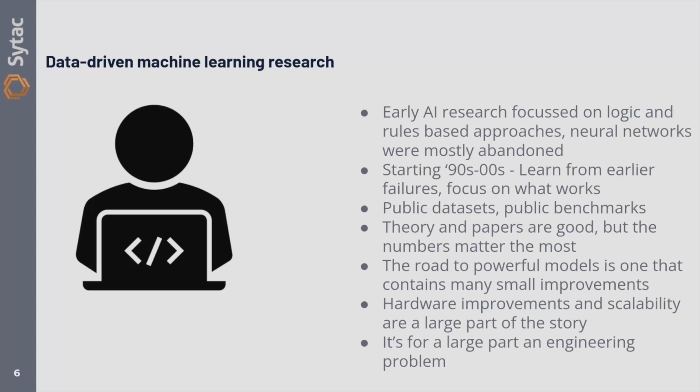One person scores 80% on the benchmark, and the other guy scores 85%. Then the other guy must have a better technique. You publish the paper, etc. It's very competition-based, and that gave rise to a very rapid evolution of new techniques, new models, new ways of thinking, and the stuff that actually works comes out on top. So you get a steadily rising line of steadily better working models.